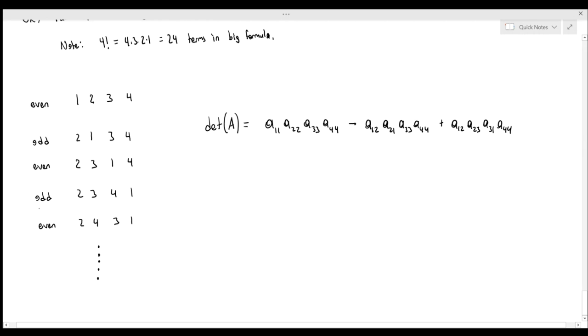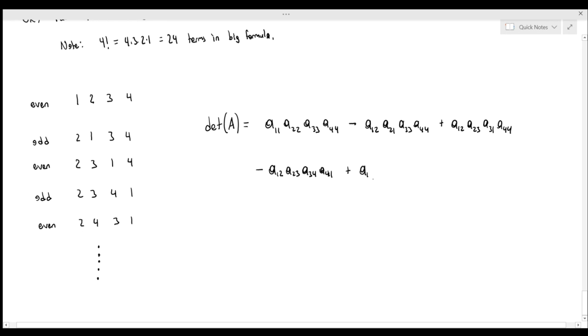And then for the next permutation that I have written down, it's going to be negative again. A12, A23, A34, A41, and then just the last one, it'll be plus because it's even.